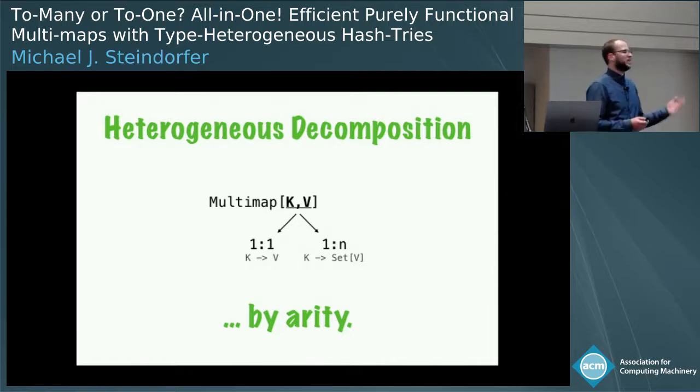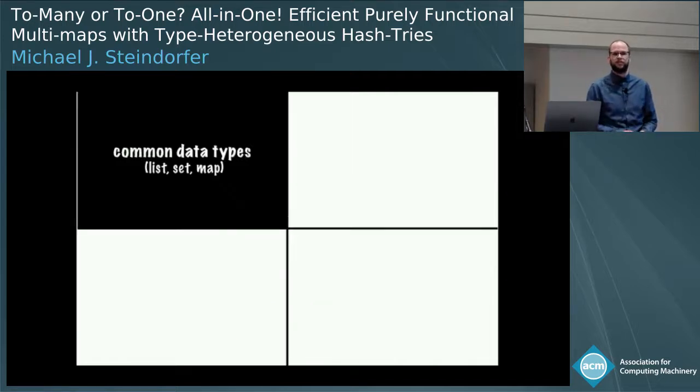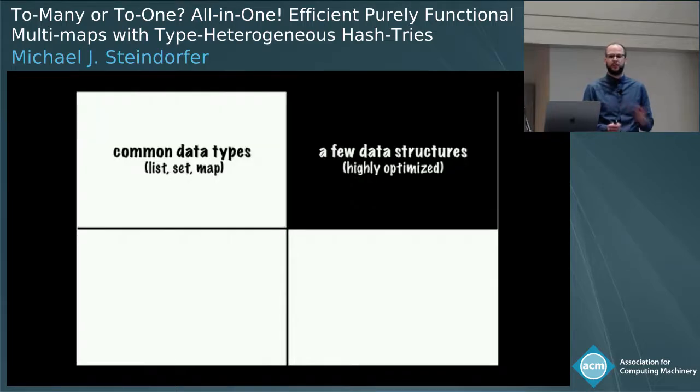Because I'm talking about multimaps, I would like to take a step back and talk about collection data structures in general. What are the characteristics of collection data structures? What are we looking for? Collections typically have a common set of data type abstractions: lists, sets, maps, what you all know and use in almost every program. For every one of these abstractions, there's typically just a small handful of highly optimized, handcrafted data structure implementations.